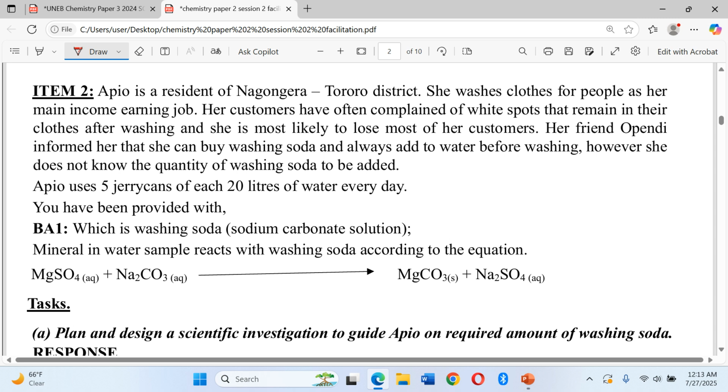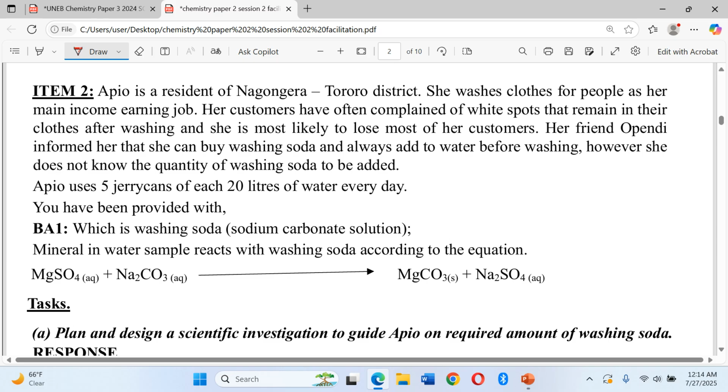Her friend Opendi informed her that she can buy washing soda and always add it to water before washing. However, she does not know the quantity of washing soda to be added. Apio uses 5 jerry cans of 20 liters each of water every day.